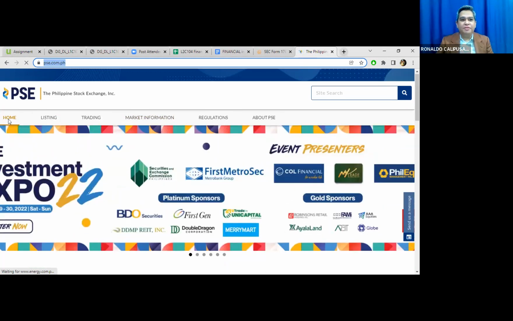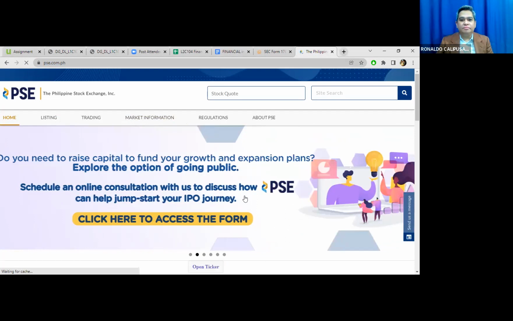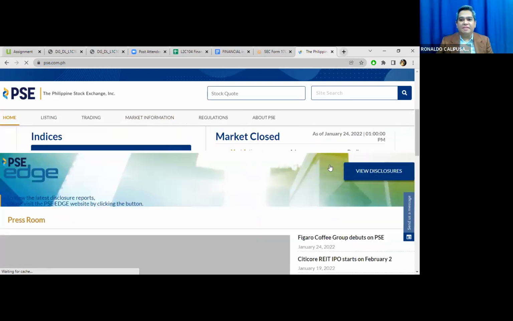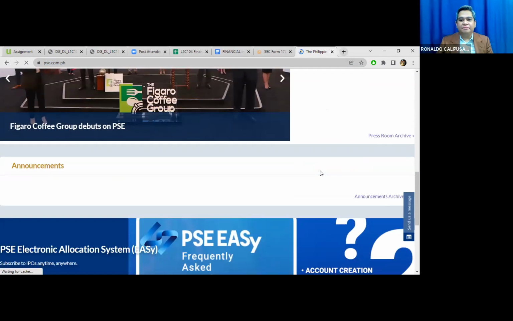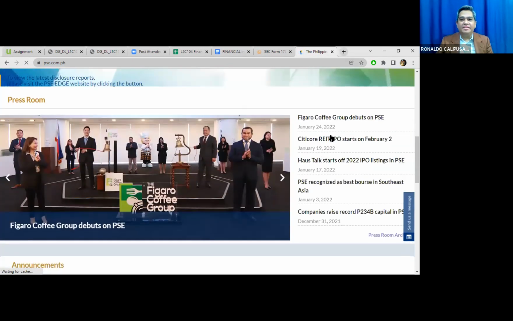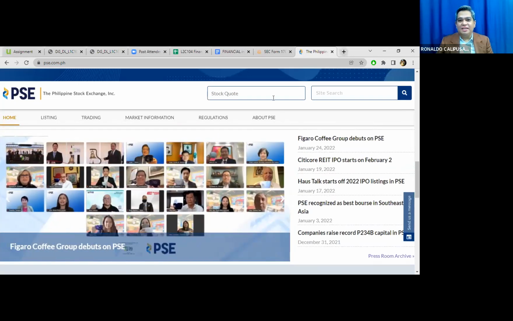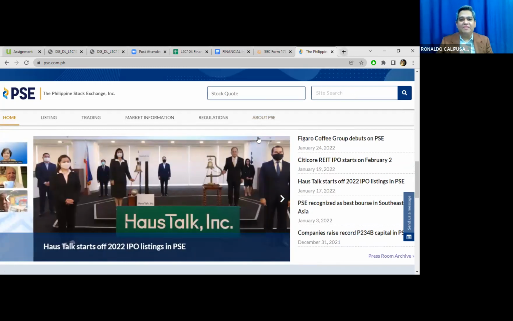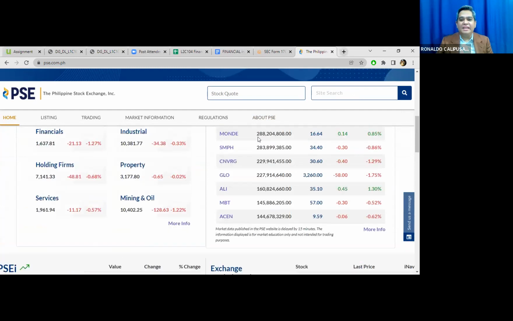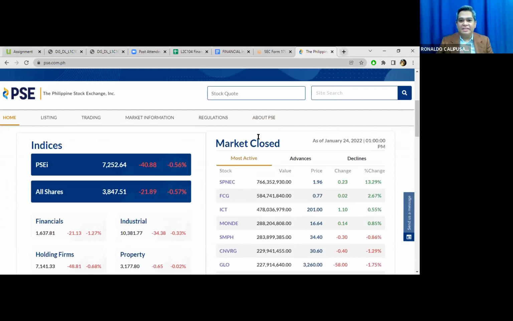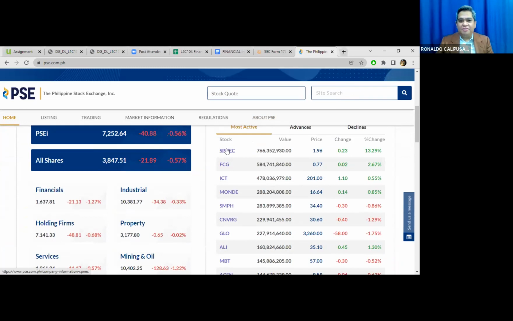For example, you go to home, and you can see some of the listed companies, such as Figaro. That's a listed company. You just type here, site search Figaro Coffee, and you'll be able to see information on the company, including its financial statements. You can also click on other companies, SM for example. So that's the sample.